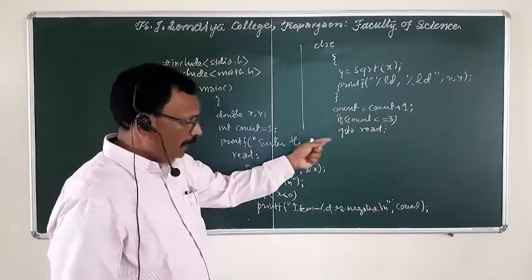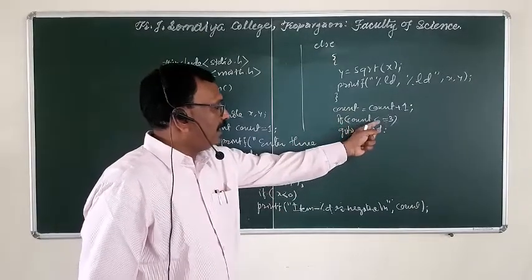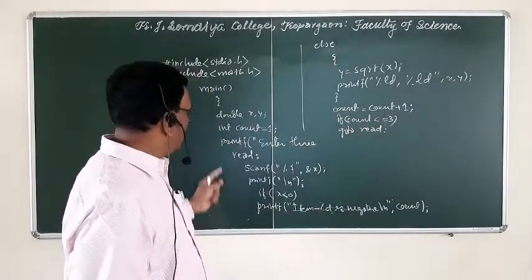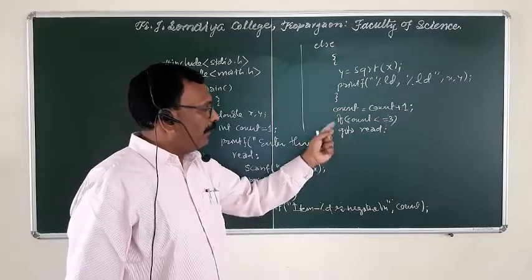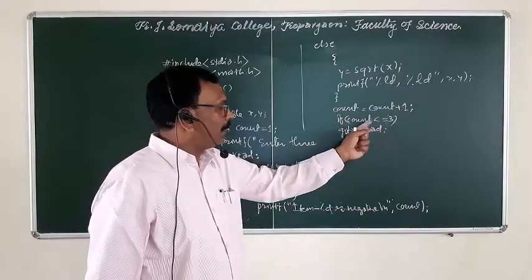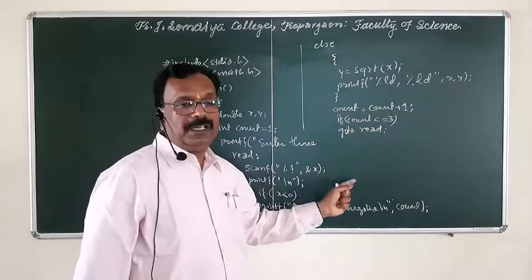This execution repeats up to 3 times. When count is less than or equal to 3, then again go to the label read and execute once again. When the condition is false, then rather than go to the label, go to the end of the statement.